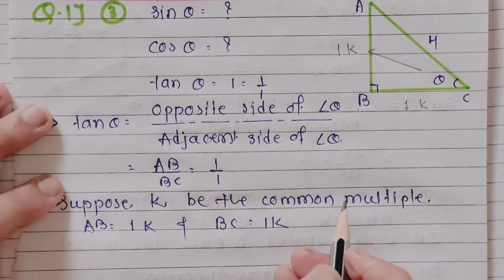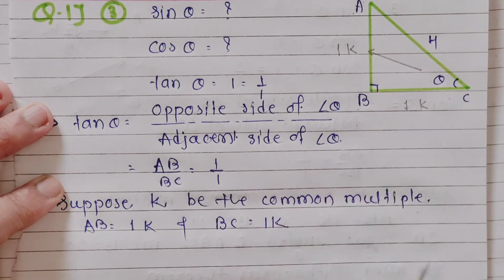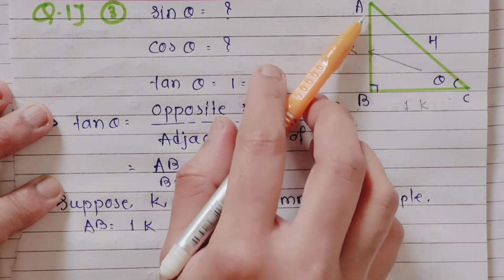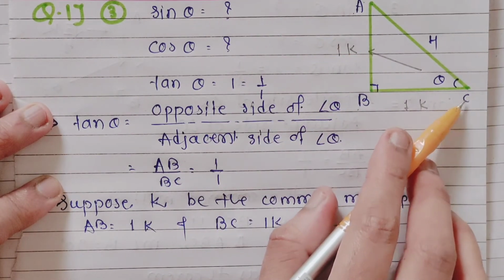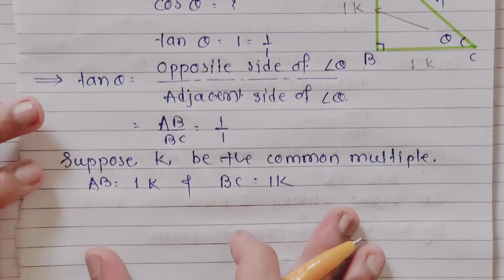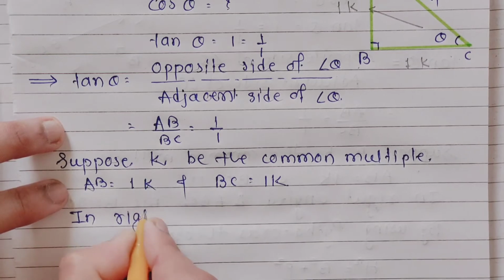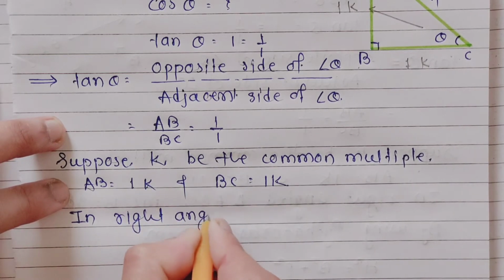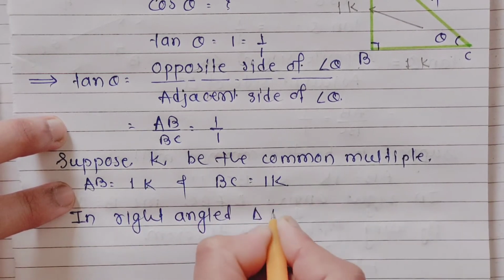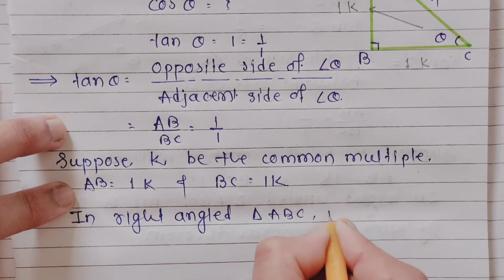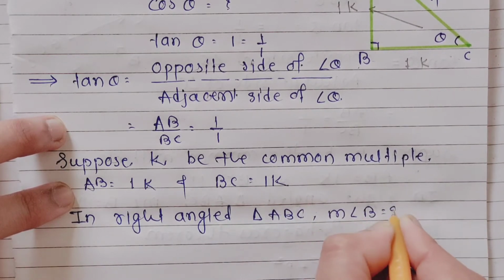So first we have to find the length of the hypotenuse. Triangle ABC is a right angle triangle, so we can apply Pythagoras theorem. In right angle triangle ABC, measure of angle B is equal to 90 degrees.